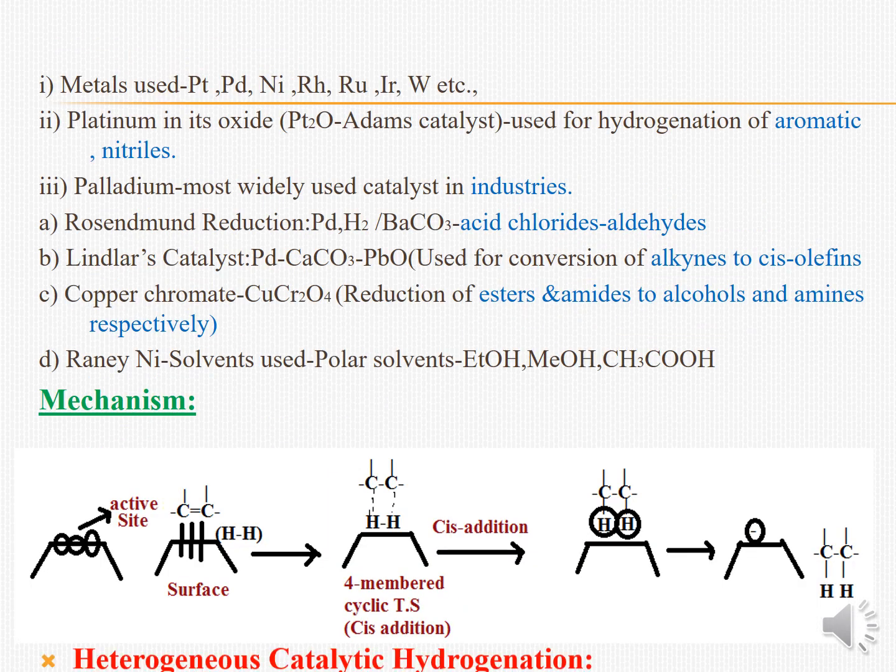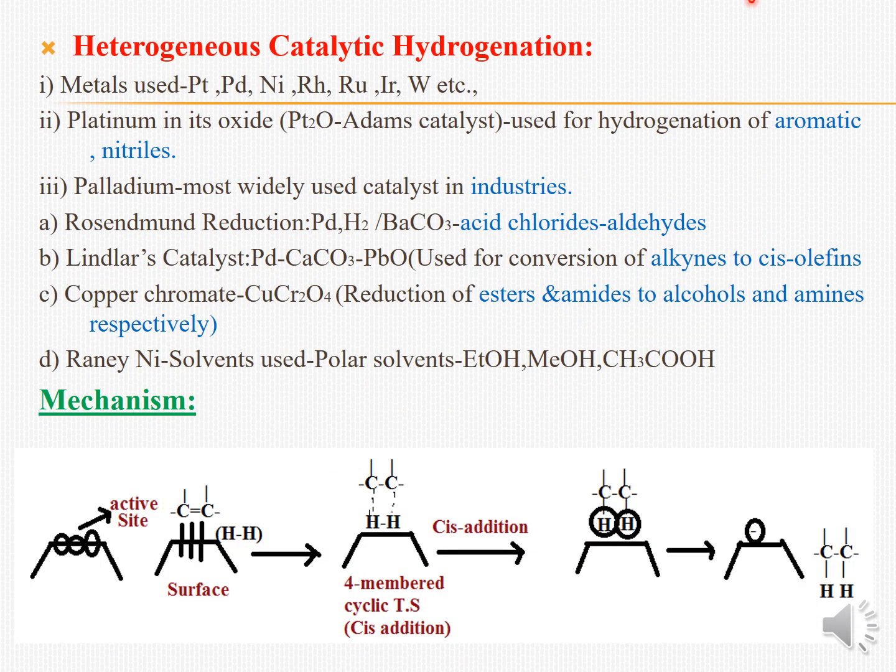So moving on to the next slide, here you can study individually what is meant by heterogeneous catalytic hydrogenation and homogeneous. So let's begin with the heterogeneous catalytic hydrogenation, and here, as I have said, the metals which will be used are platinum, palladium, nickel, rhodium, ruthenium, iridium, tungsten, etc. These metals will be used, and the platinum in its oxide form is your Adams catalyst.